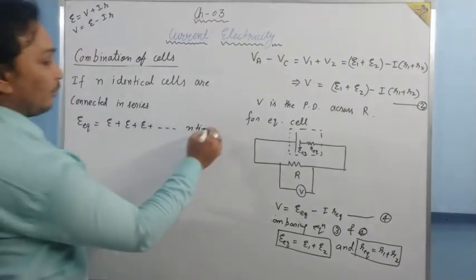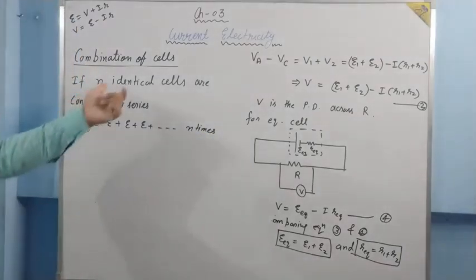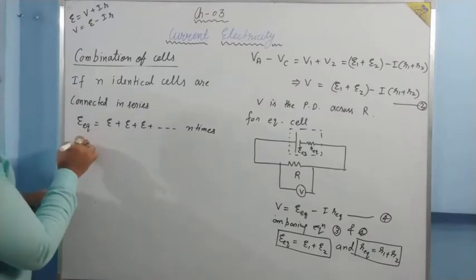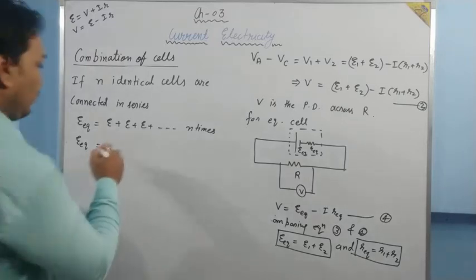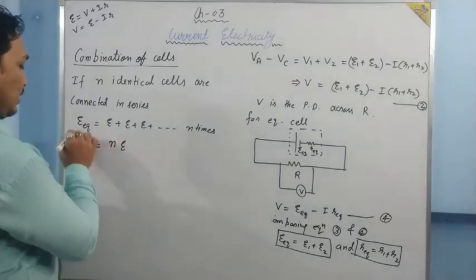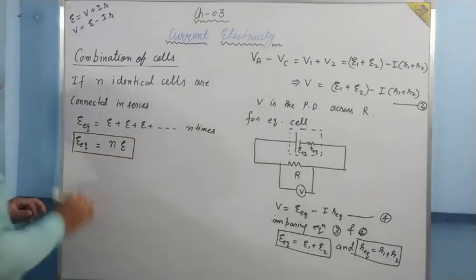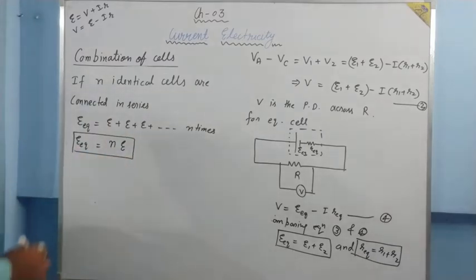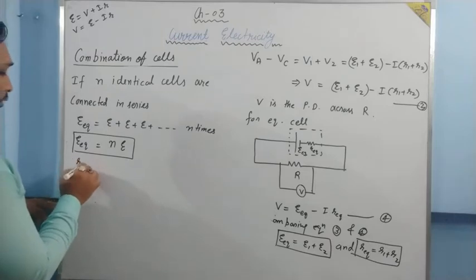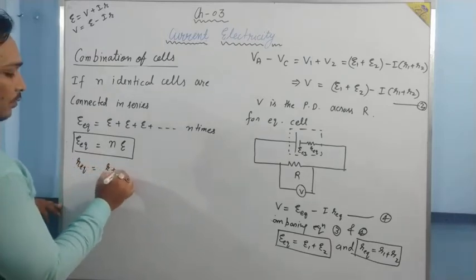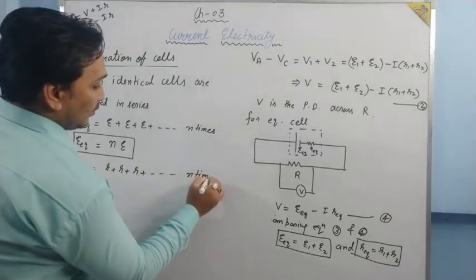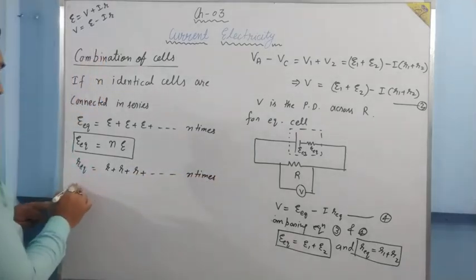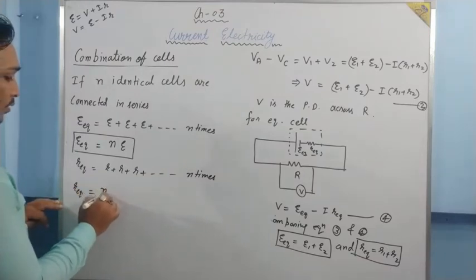N times, because all the cells are identical. So E equivalent will be N into E. Moreover, R equivalent will be R plus R plus R plus, how many times? N times, because N cells are there. So R equivalent will be N into R.